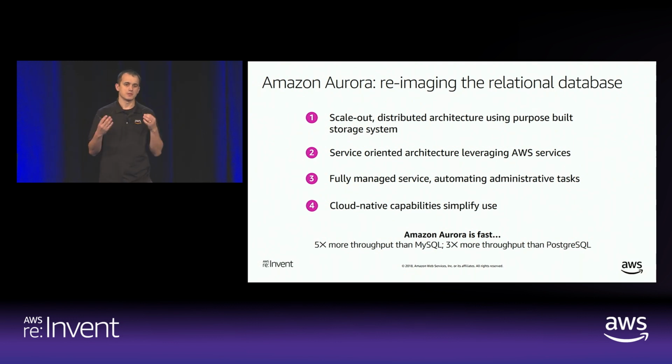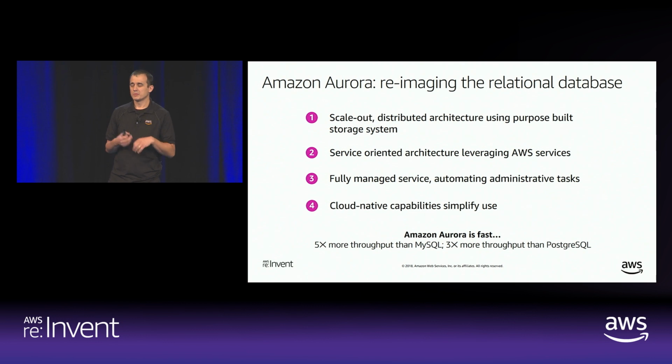The compute nodes are provided through EC2. The storage is built on our own services. It integrates with identity and access management for potentially authentication as well. It integrates with Lambda, invoking asynchronous or synchronous Lambda functions directly from your database. It integrates with S3 for imports and exports. So it has a wide field of integration with our ecosystem of AWS services.